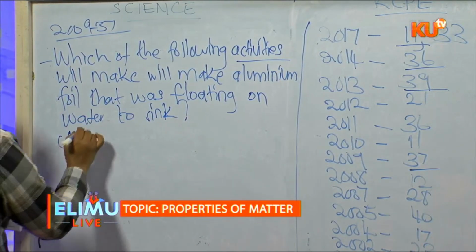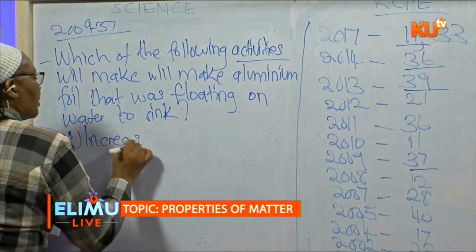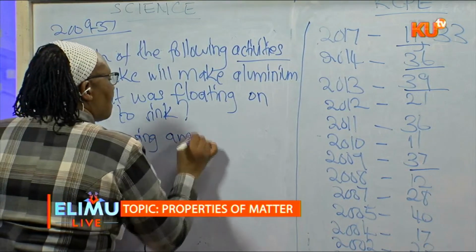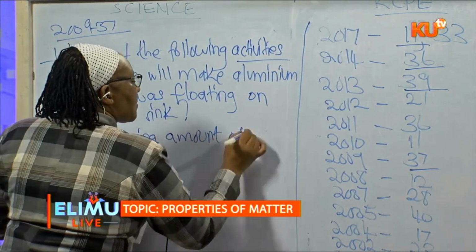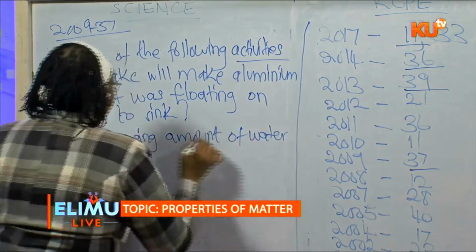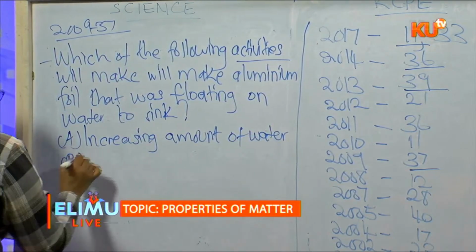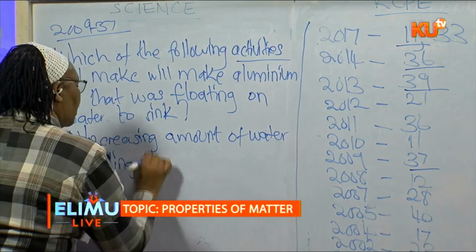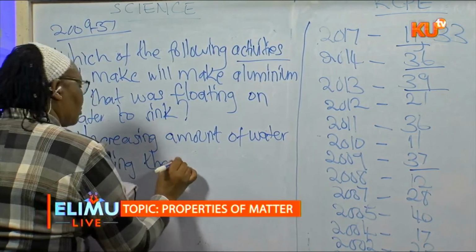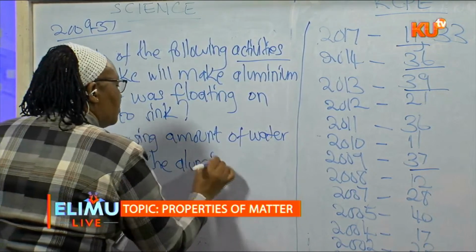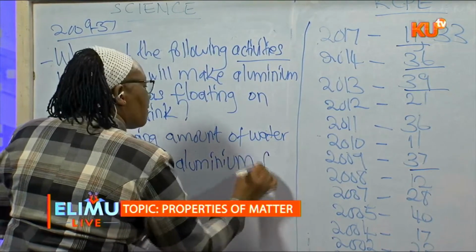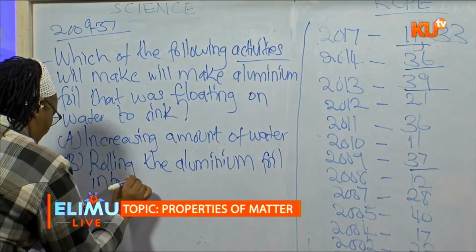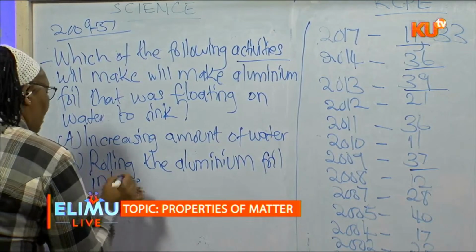A, increasing the amount of water. B, rolling the aluminium foil into a tube.